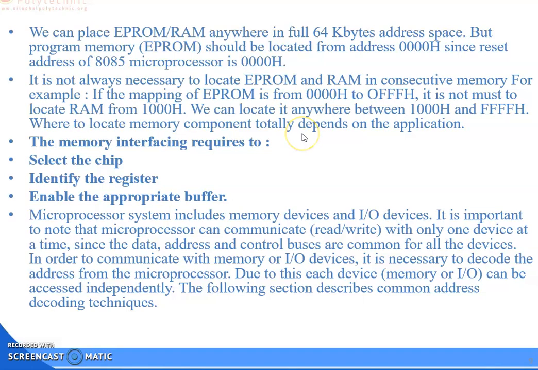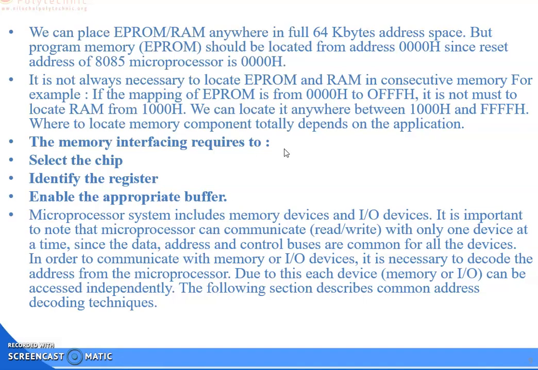Next, memory interfacing requires us to select the chip, identify the register, and enable the appropriate buffer. So, a microprocessor system includes memory devices and I/O devices.